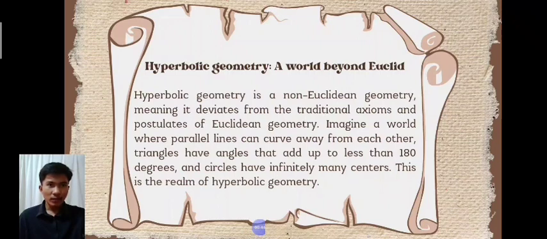So imagine a world where parallel lines can curve away from each other. Triangles have angles that add up to less than 180 degrees, and circles have infinitely many centers. This is the realm of hyperbolic geometry.